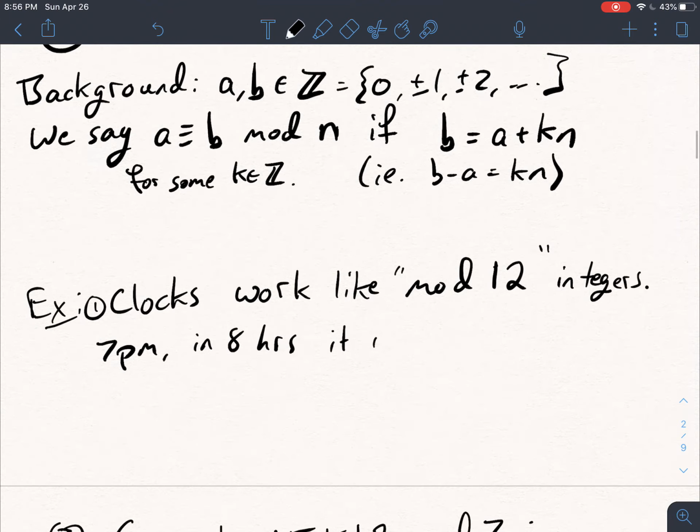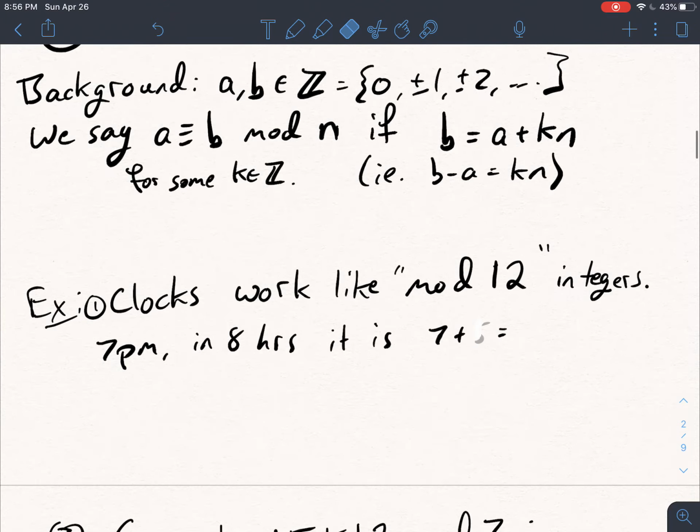So for example, if it's 7 p.m. now, in 8 hours, what time is it going to be? Oop, that should be an 8.